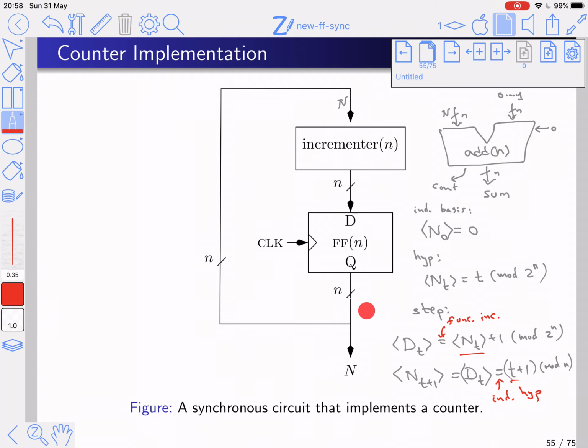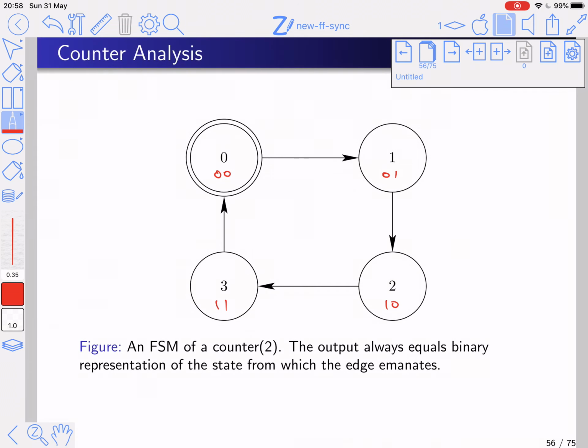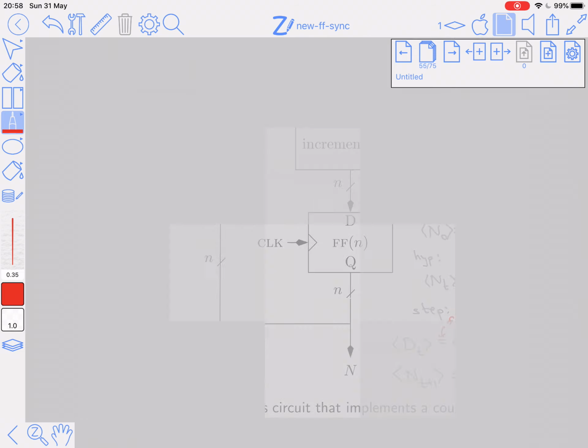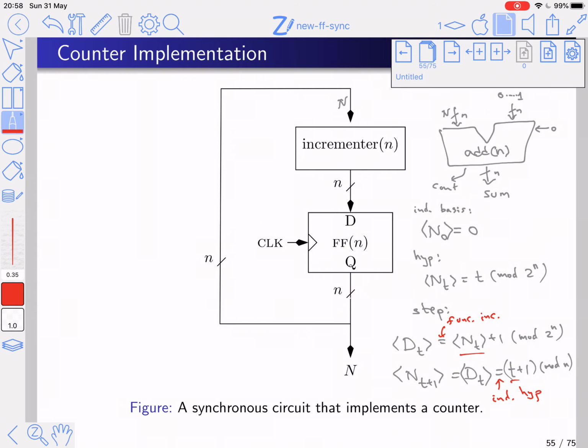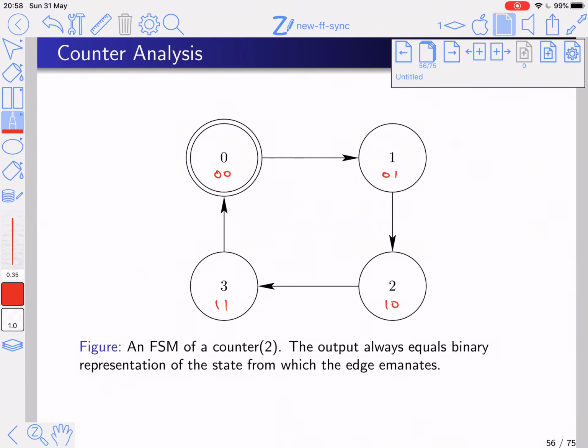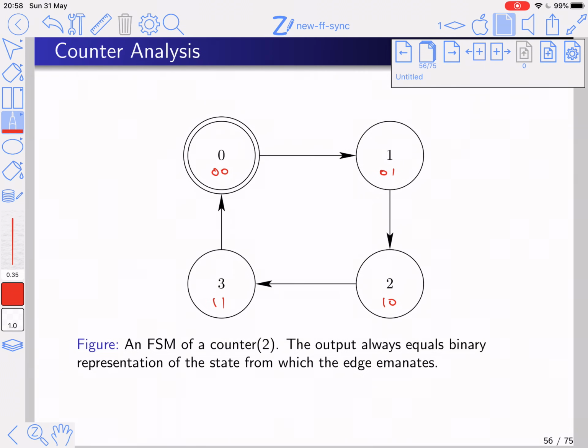So if we had state 0, 0, the next state is going to be 0, 1. And the state after that is going to be 1, 0. And the state after that is 1, 1. And then the increment overflows and outputs a 0, 0. So this is the transition between the states. Now the output here in this circuit is simply the state itself. So I didn't write it on the diagram, not to clutter it. Okay?